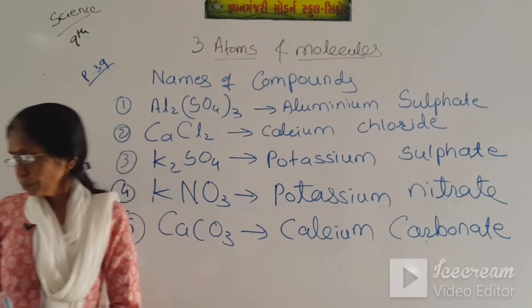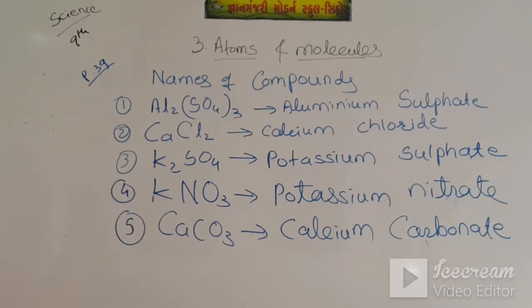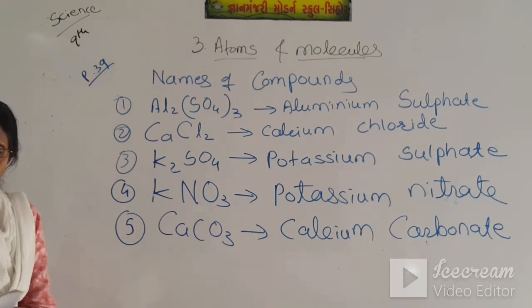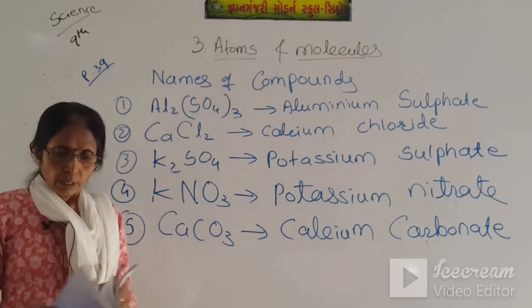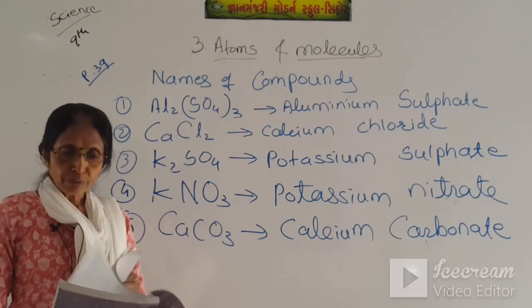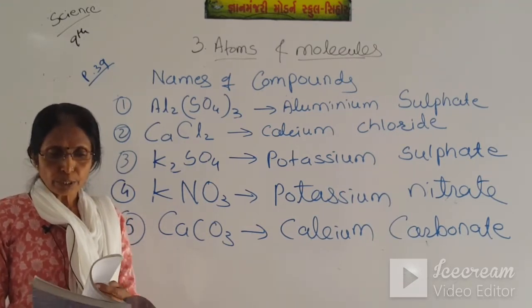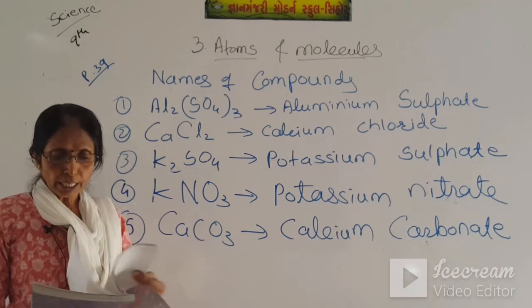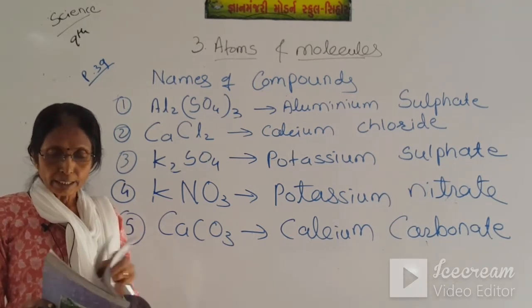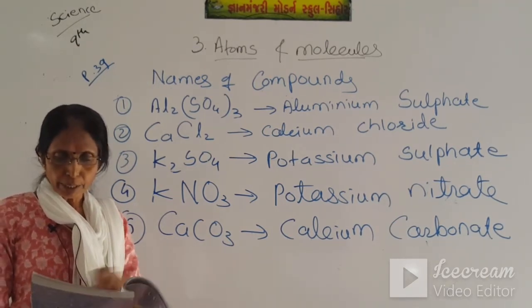So one more question is there. What is meant by the term chemical formula? Question number 3, page number 59. Chemical formula. Students, in the first period only, I told you what the chemical formula is.